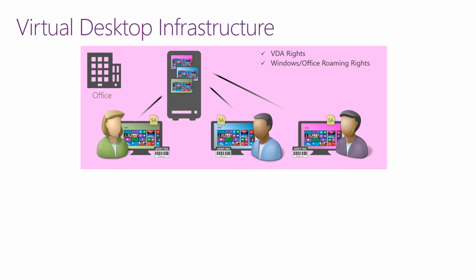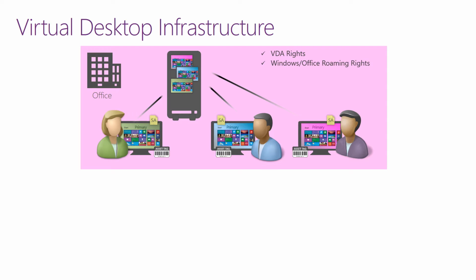So if an organisation wants to deploy desktops in this way, technically it's called a virtual desktop infrastructure, but the rights to do this are virtual desktop access, and that's an SA benefit of Windows. So in other words, if a customer buys a Windows license without software assurance, they wouldn't have the right to deploy Windows in this way. Have a look at the machines that these users are using.